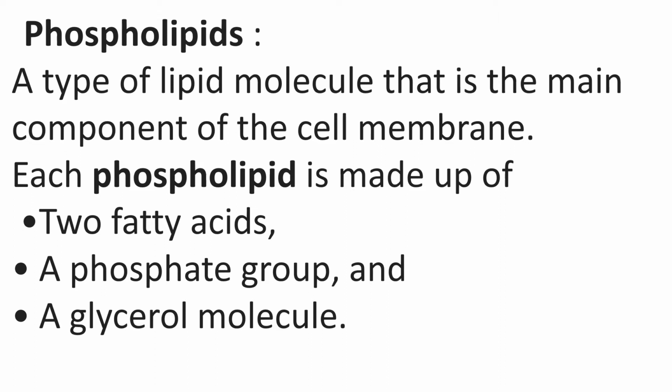As the name suggests, besides fatty acids and alcohol, which is glycerol, they contain a phosphate group. As you know, glycerol is a 3-carbon structure. So two fatty acids will attach to the glycerol molecule, and the third carbon of the glycerol molecule will attach to the phosphorus compound.